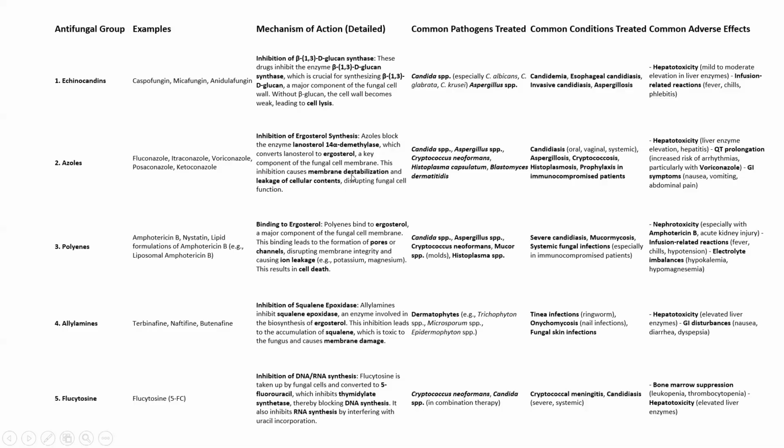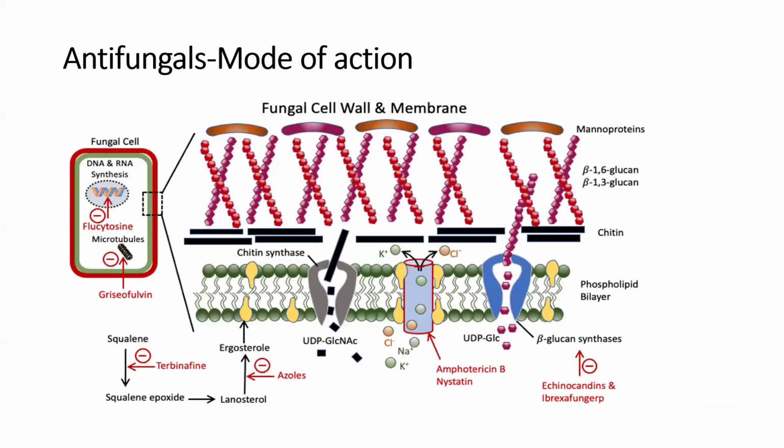This leads to membrane destabilization and leakage of cellular content, disrupting fungal cell functions. You can see here how the azoles work and how it affects the conversion into lanosterol.